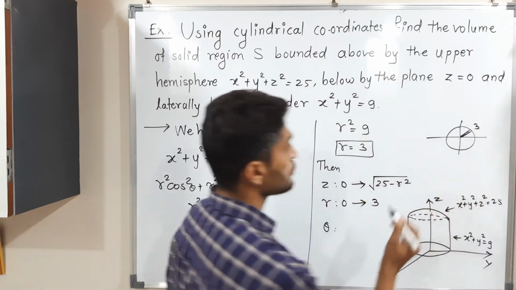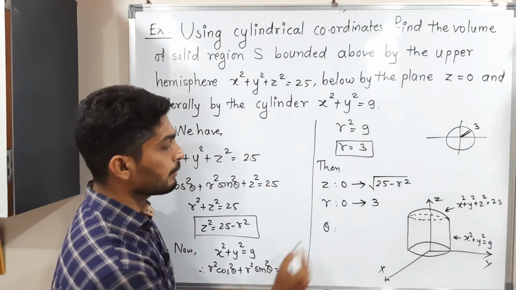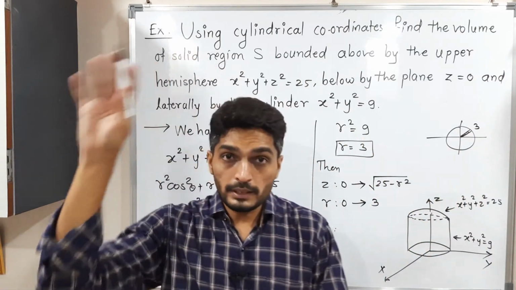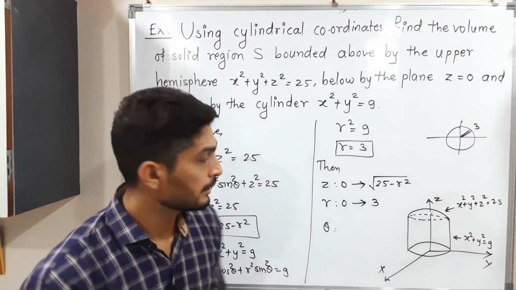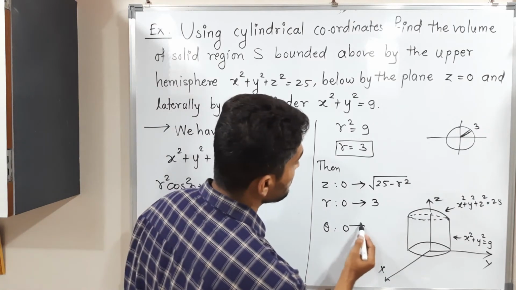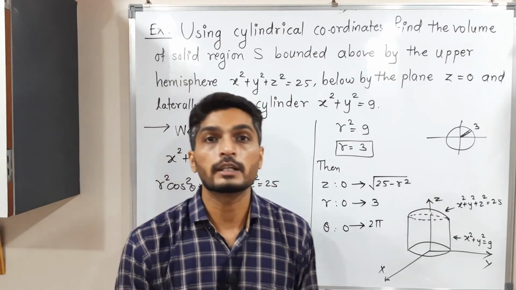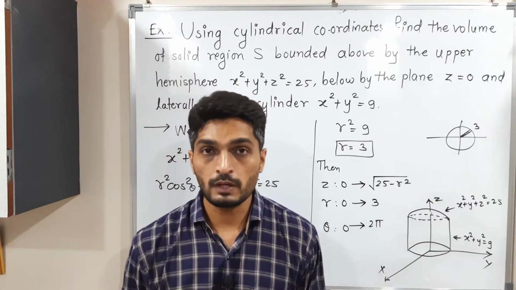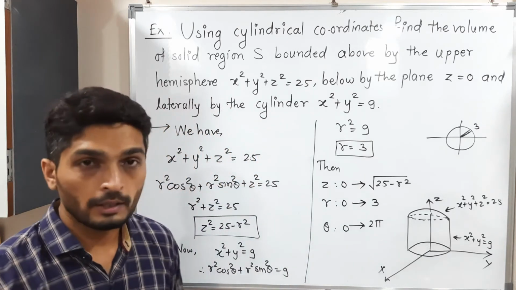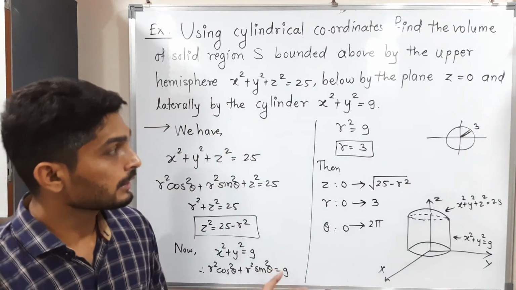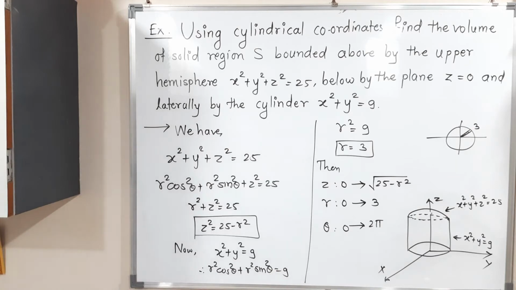So radius is 3, so 0 to 3. If you're thinking about theta, to cover the complete circle, limits of theta should be 0 to 2 pi. It should cover 360 degrees, then only it can cover the entire region. So in this way we have got the limits also. Okay. So let us go further. You can make a screenshot of it, and after that we'll go for a problem.